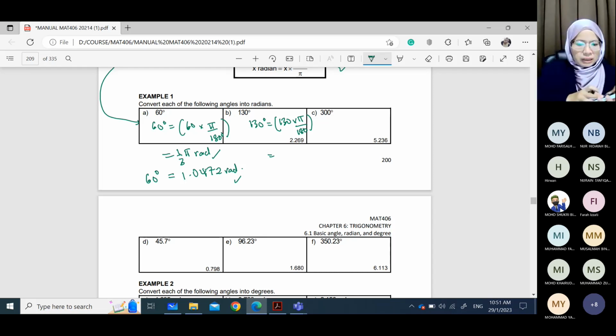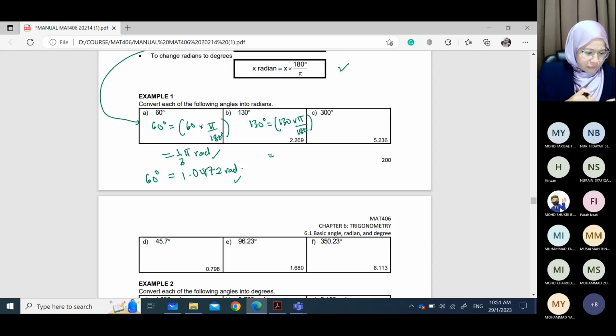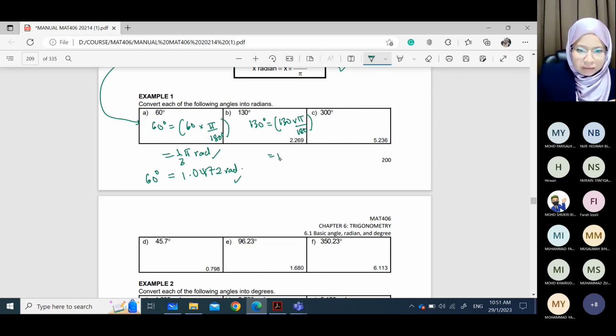So, guna calculator. 130 over 180 darabkan dengan pi. So, you akan dapat 13 over 18 pi. So, in terms of decimal, so here we have 2.269. Okay, so soalan contoh ni you boleh try sini lah sebab ada jawapan kat bawah ni.